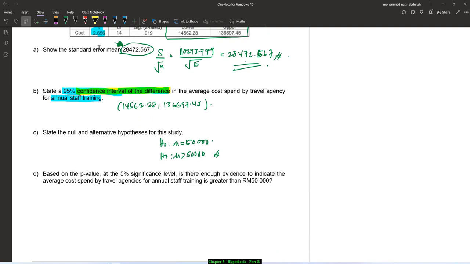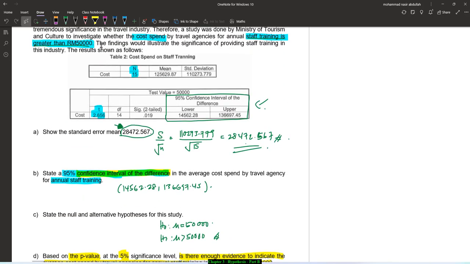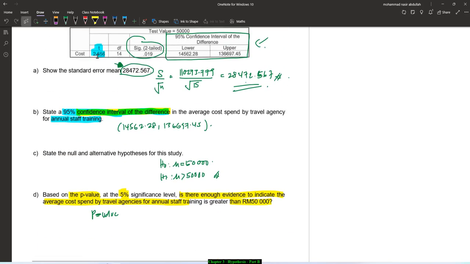Based on the p-value. So nampak dia bagi statement question ni based on the p-value. At 5% level of significance, is there enough evidence to indicate the average cost spent by travel agency on annual staff training is greater than 50,000? So the p-value here is 0.019.